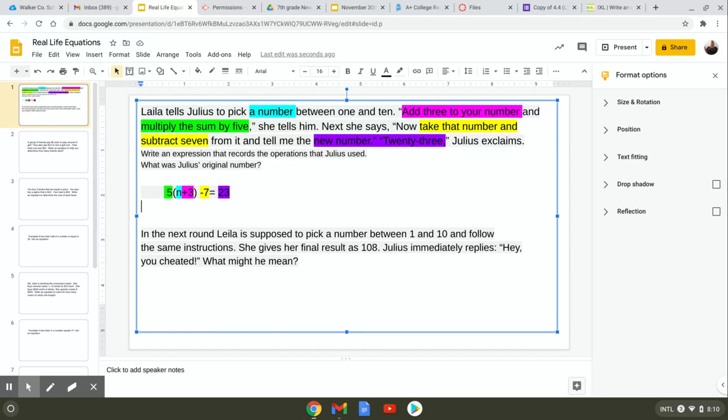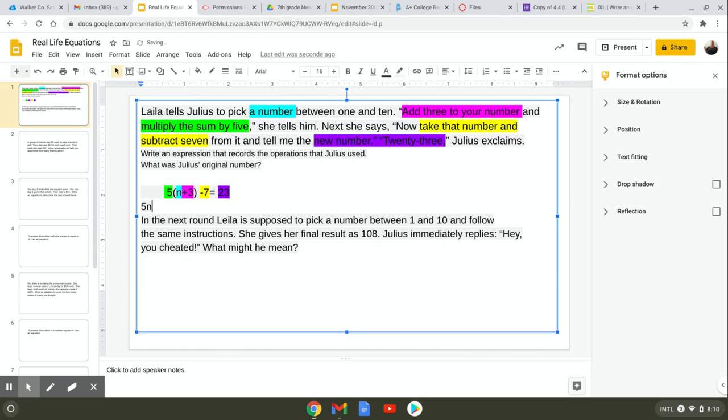We can work that. So we would distribute the 5, and that would give us 5n plus 5 times 3 is 15. And then we would keep the minus 7 is equal to 23.